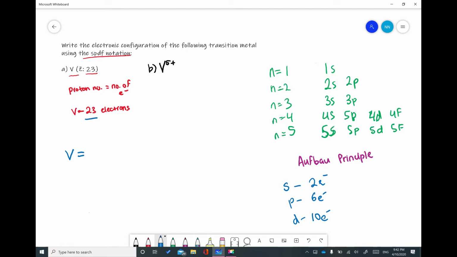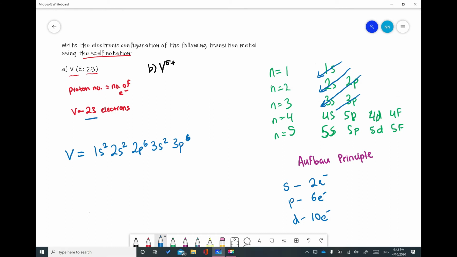Follow the order: 1s2, then 2s2, then 2p6, 3s2, and then 3p6.